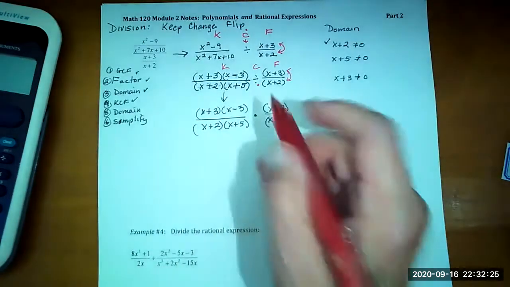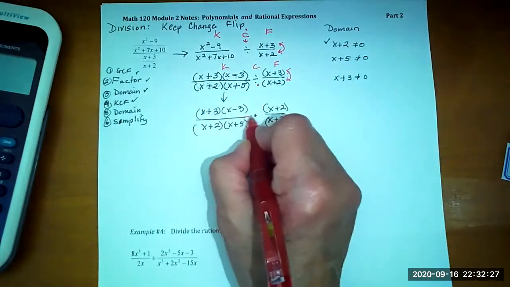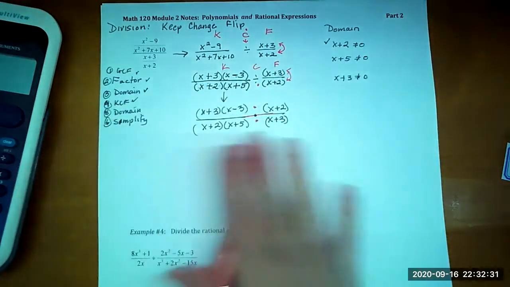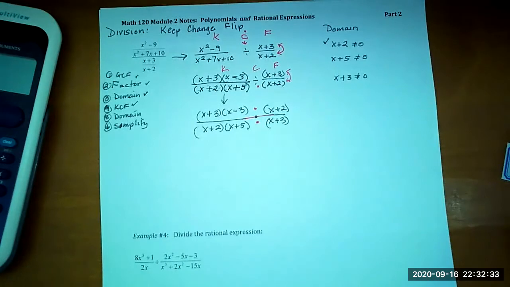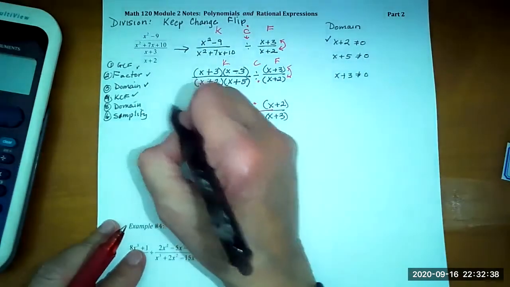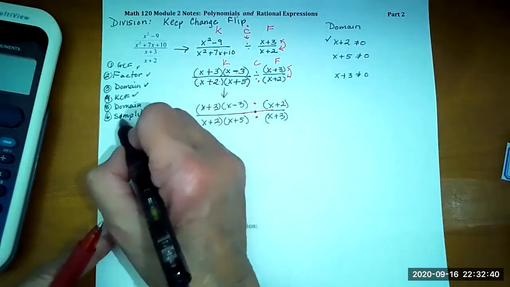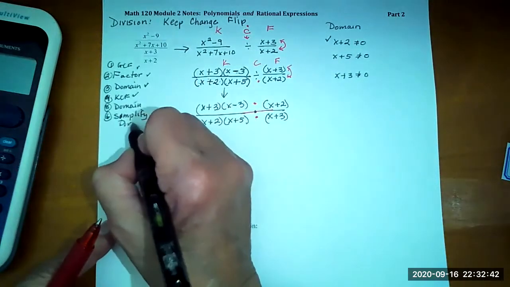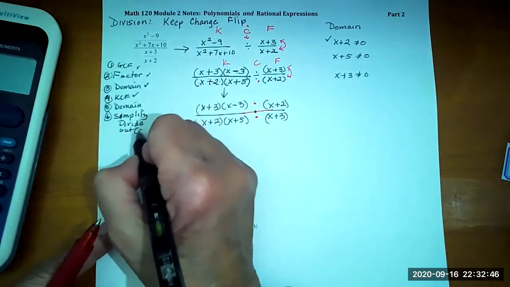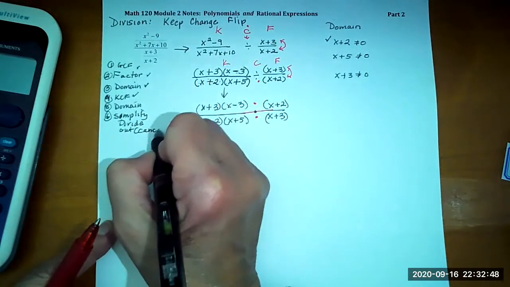We're going to simplify. Remember, simplifying when you have multiplication, you're just multiplying across the top, multiplying across the bottom. You're not multiplying out. You're looking to see what you can divide out. So we're going to divide out, which most people say cancel.